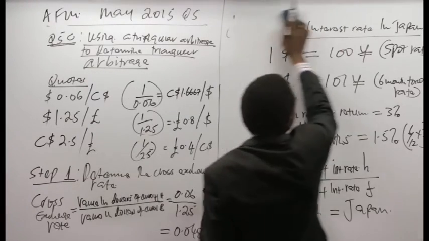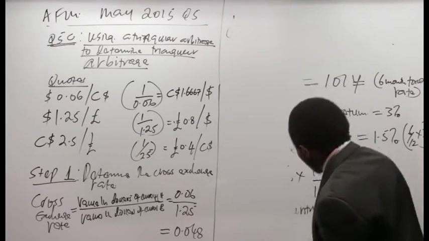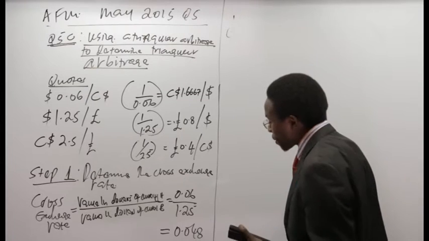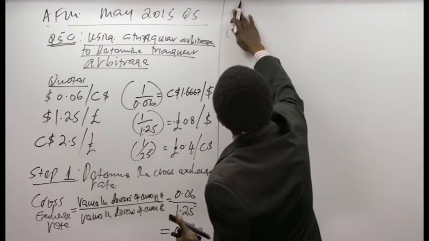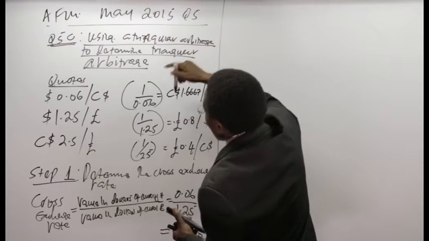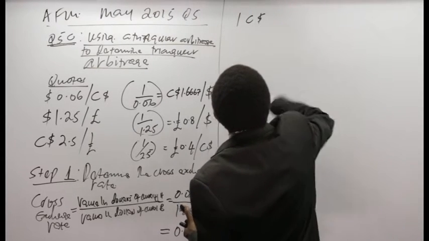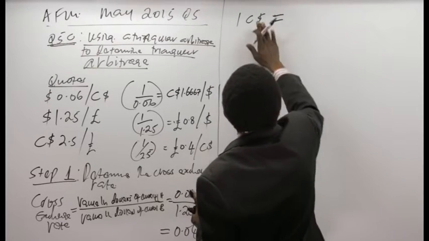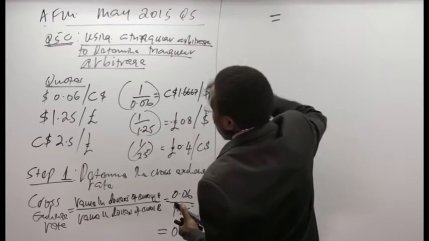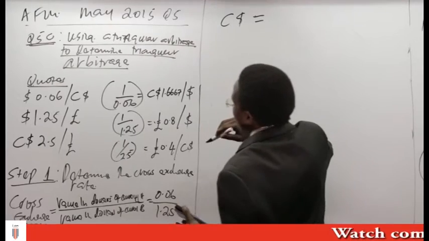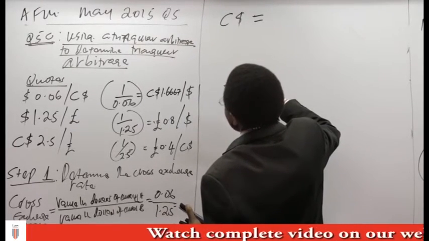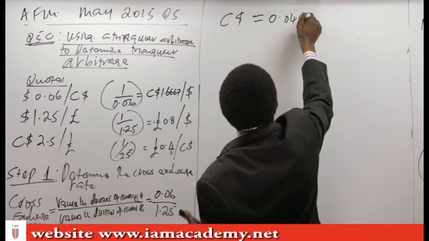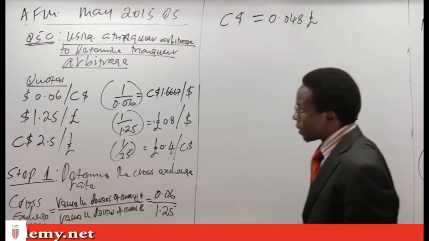That means that the cross exchange rate means that 1 Canadian dollar is equal to 0.048 pounds. That's what it means.